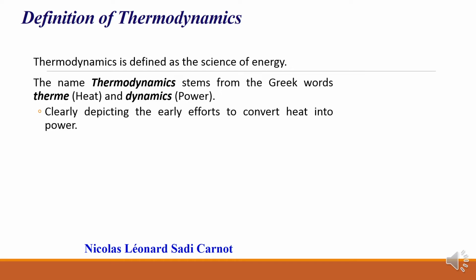Best example is a power plant, where burning of coal is done, because burning of coal will give heat, and that heat is utilized for generation of steam, and that steam is used for the generation of power.